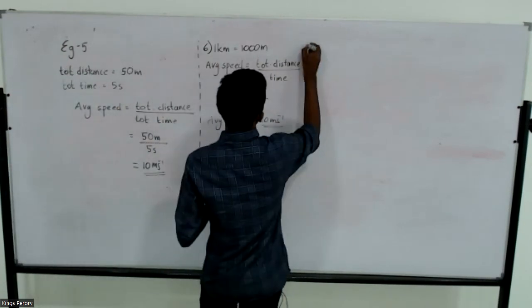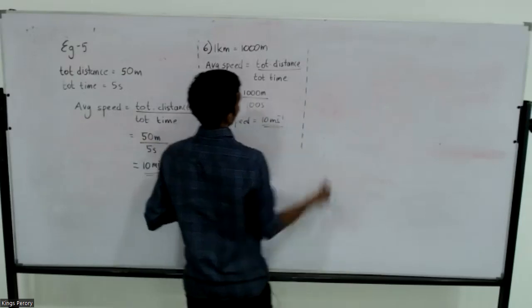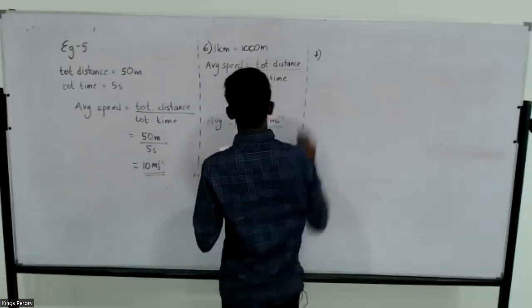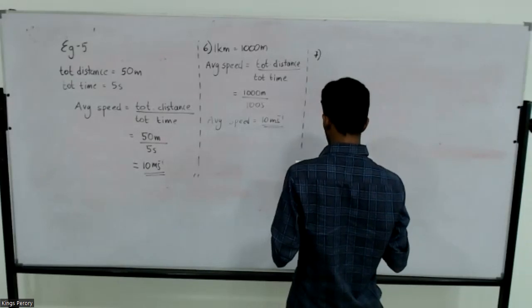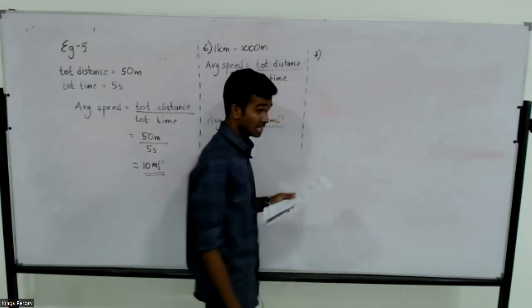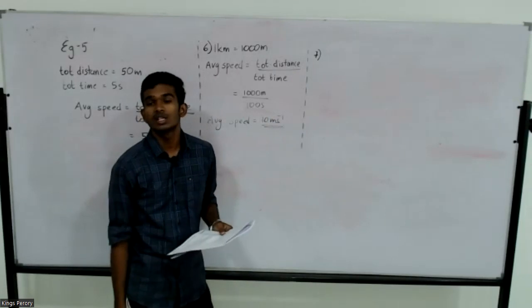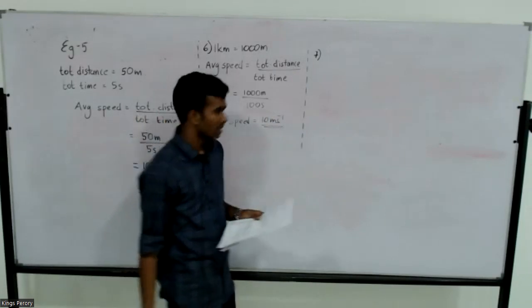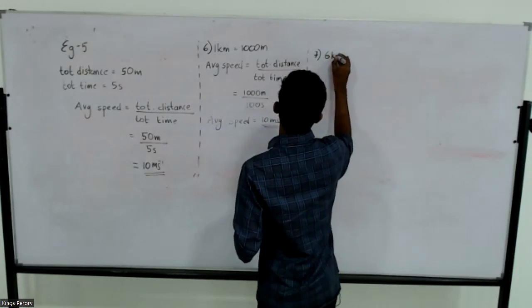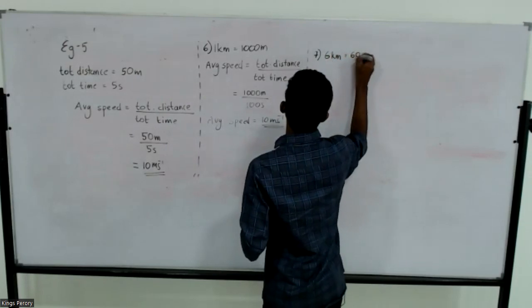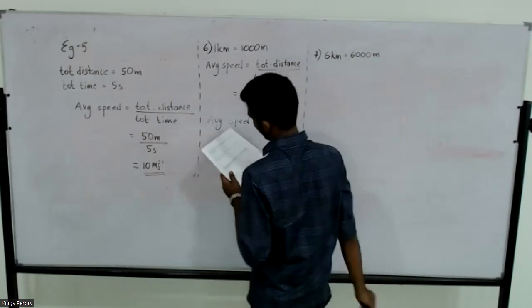Question number 7. A bus during a school trip covers a total distance of 6 kilometers. 6 kilometers means how many meters? 6000 meters. First show it: 6 kilometers equals 6000 meters.